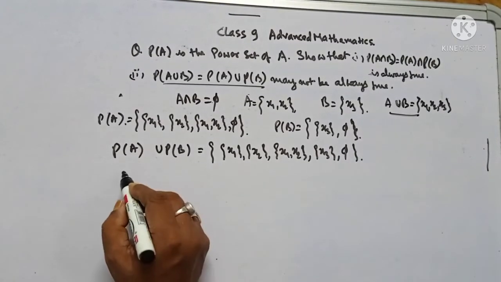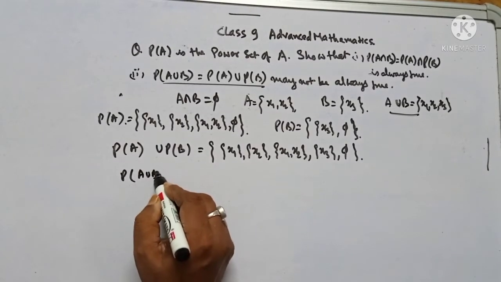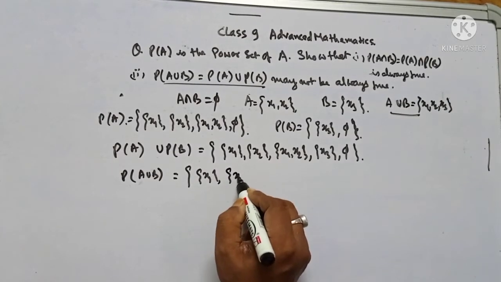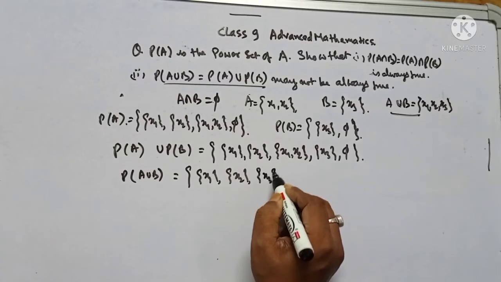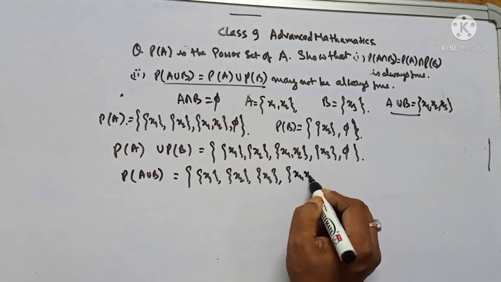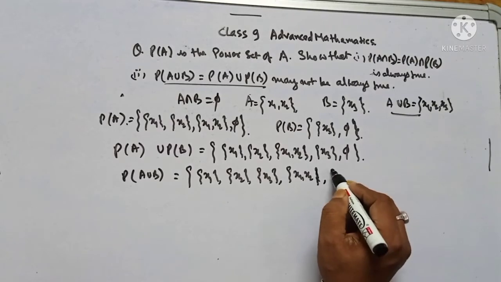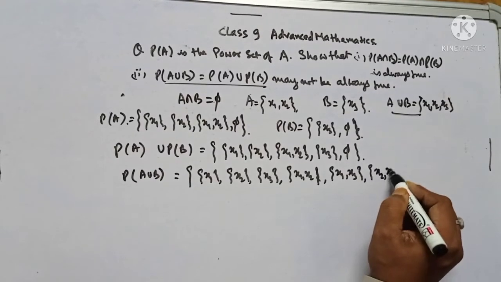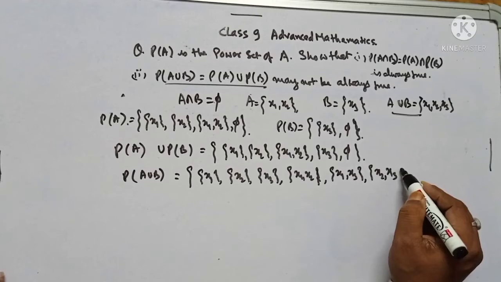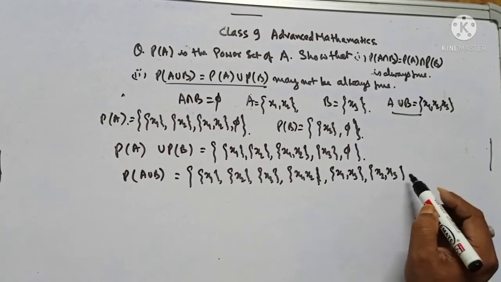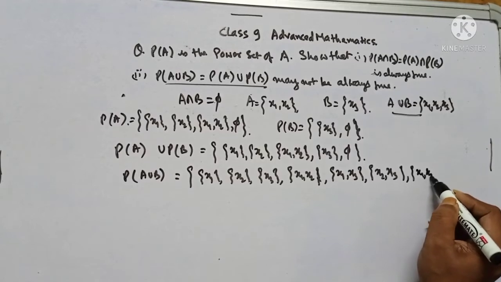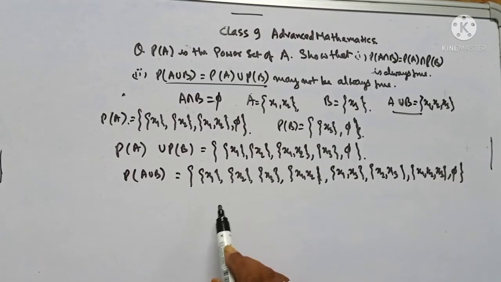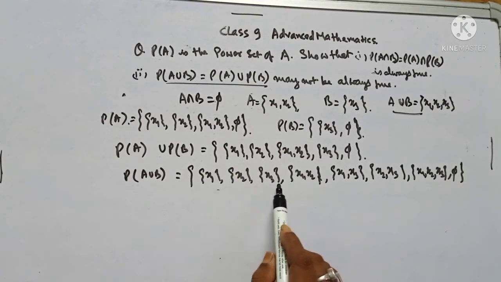But here P(A ∪ B), here I get {x1}, {x2}, {x3}, {x1, x2}, {x1, x3}, {x2, x3}, then {x1, x2, x3} and your phi. 2 to the power of 3 is 8, 1, 2, 3, 4, 5, 6, 7.